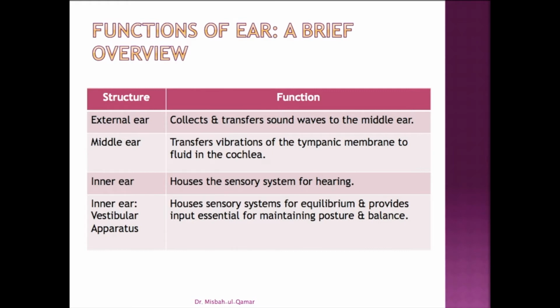Then again, the inner ear also has vestibular apparatus, which houses the sensory systems for equilibrium, and it provides input, which is essential for maintaining the posture and balance, right?